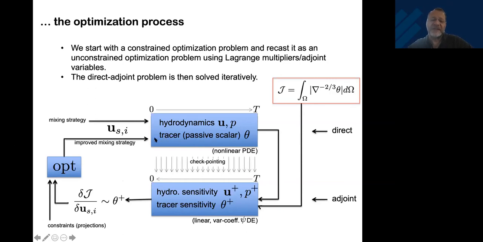So that means if you want to solve the backward equation, we have to save all the flow fields and passive scalar fields of the forward integration, because we need them as variable coefficients in the backward equation. Okay? That makes the whole thing tightly coupled between the forward and the backward problem. They're not independent of each other. And to do that, we have to do what's known as checkpointing in the business.